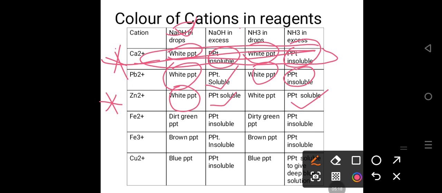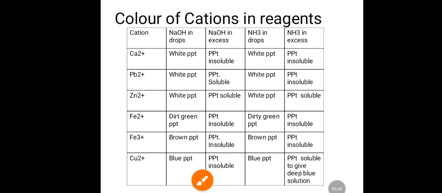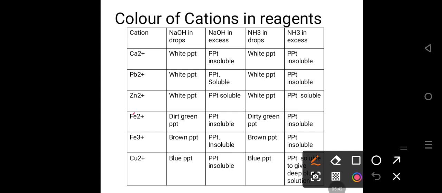All right, the next ion is aluminium ion, which is not on this table. Aluminium ion, Al3+. Let me treat the others, then I'll come back to aluminium.